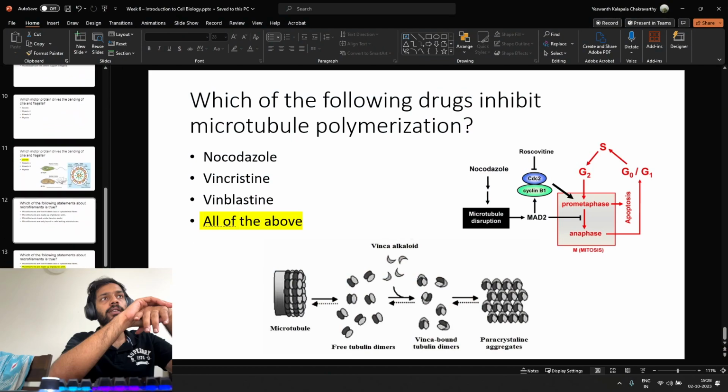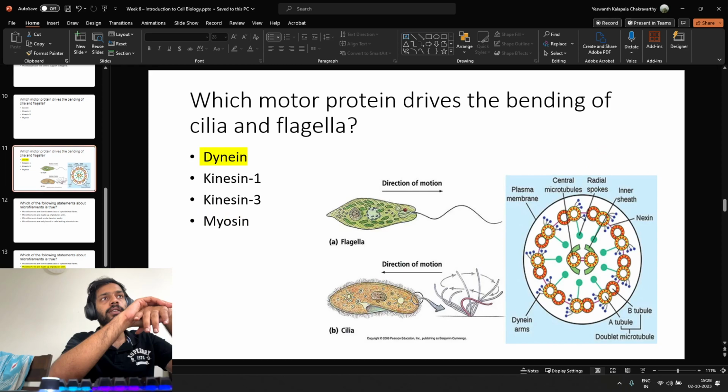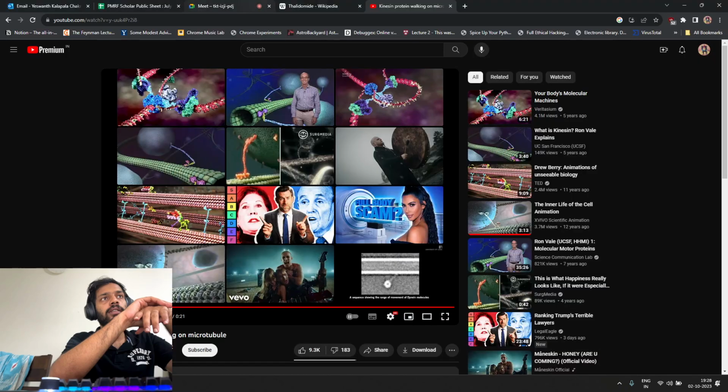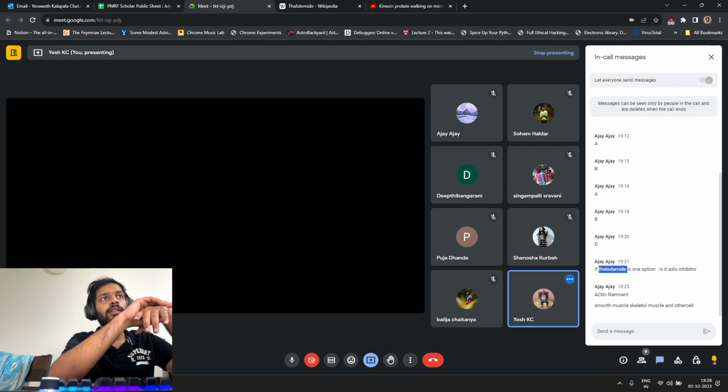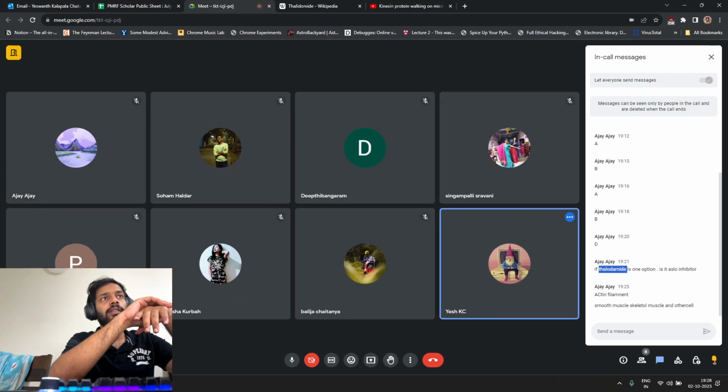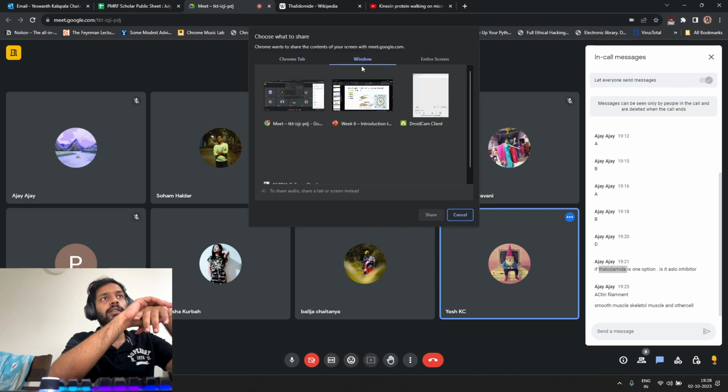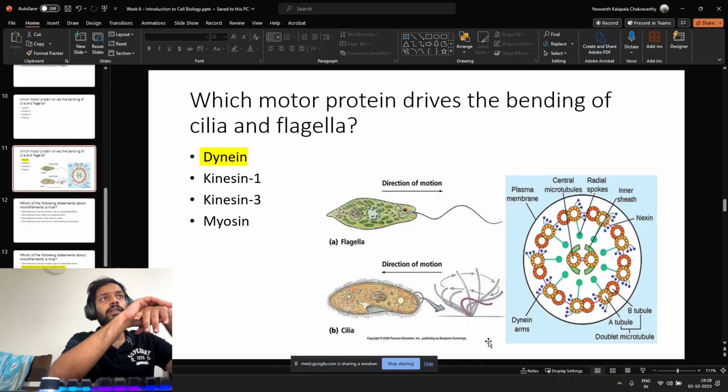Let me see, where is it? Okay, I have to share the screen. Usually bacteria have one flagellum generally.